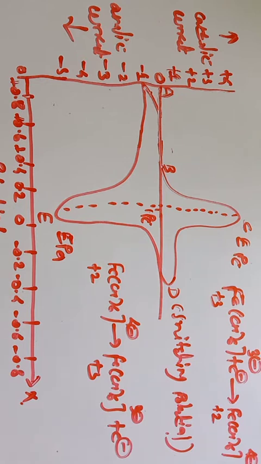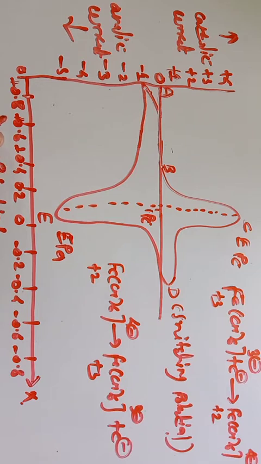The potential at which the reduction occurs has not been reached, and therefore no current is observed between plus 0.7 volt and 0.4 volt.